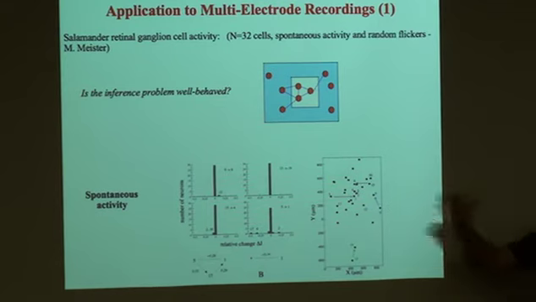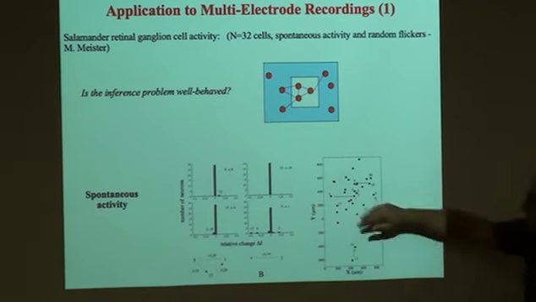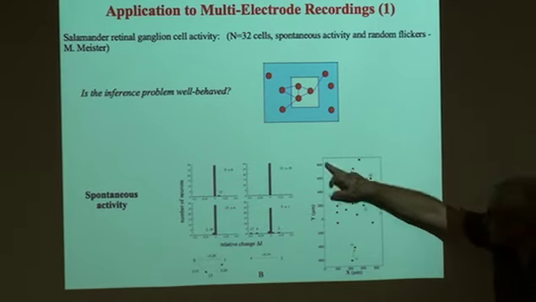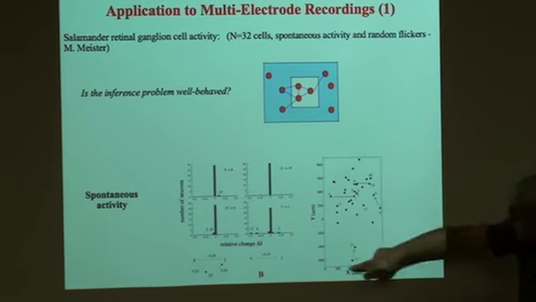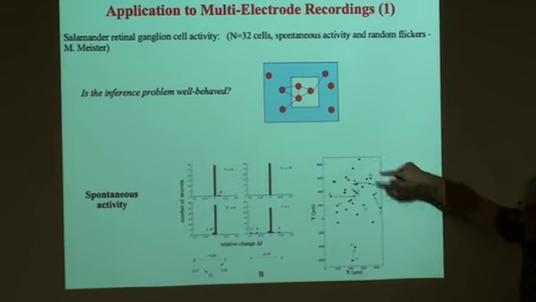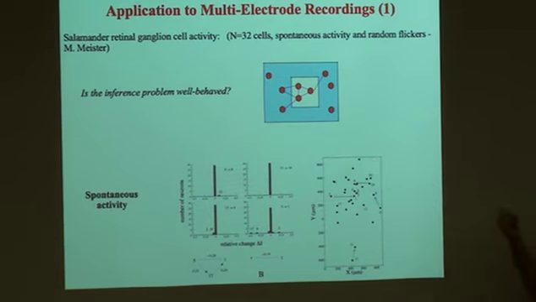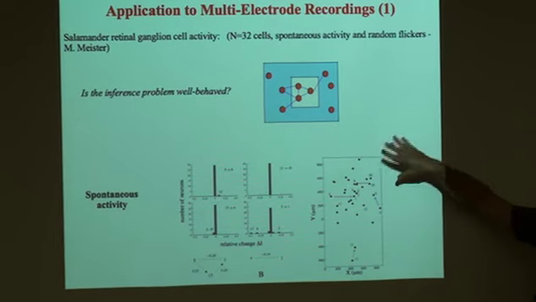So you want the problem to be well behaved. It's a question which can be answered to some extent in the following way. We look at spontaneous activity recordings. Here is the visual map: each dot corresponds to the center of the receptive field of one of these 32 cells in the XY plane. And we were able to infer some interactions; I will show you a map of interactions in a later slide.